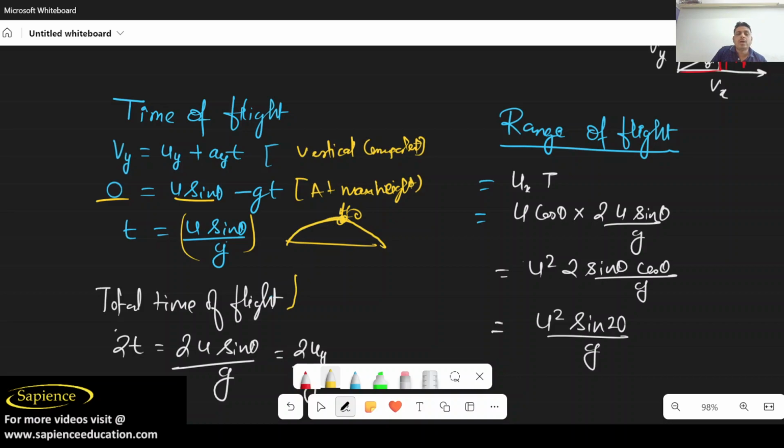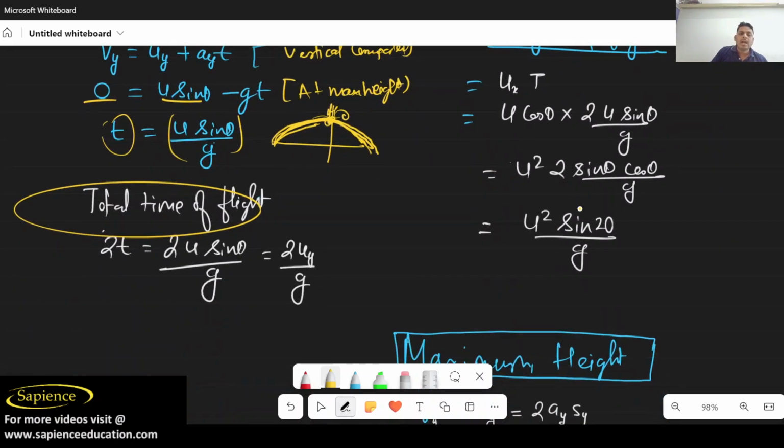But now we are talking about time of flight. Time of flight means time of ascent plus time of descent, that is the entire projectile motion. If you are throwing any object upward or in any direction and gravity is acting, the time of ascent will be equal to the time of descent. So the total time can be written as 2 times the time of ascent, 2t, and t we have got as u sin theta by g.